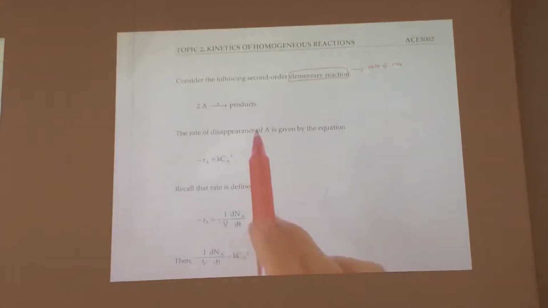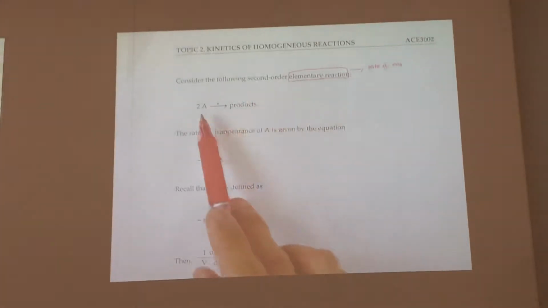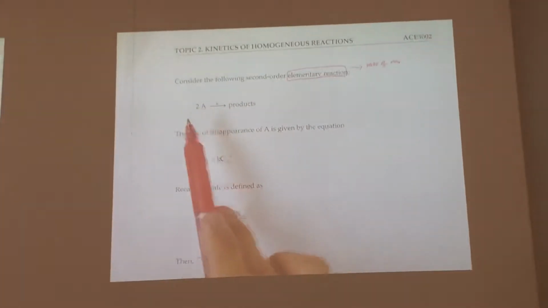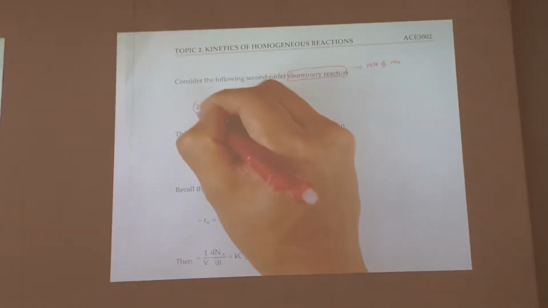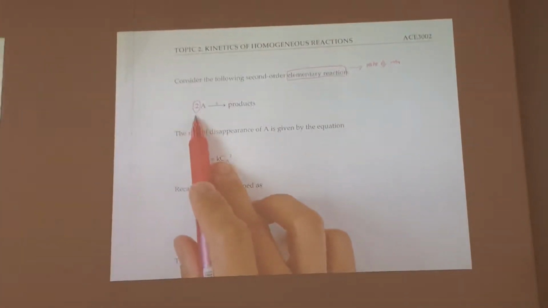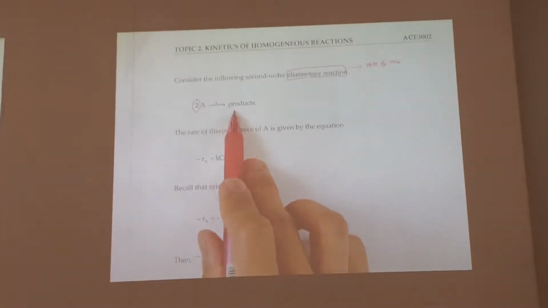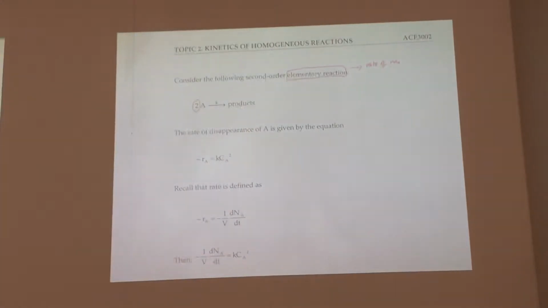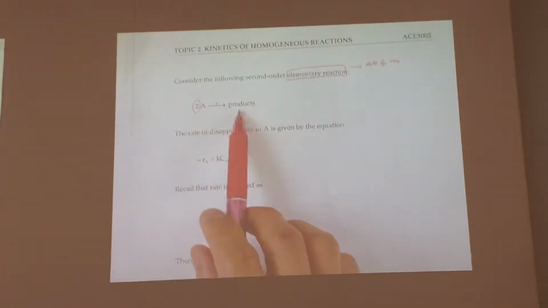For example, this is considered a second order elementary reaction. Why do we say this is second order? Because of the stoichiometry in front of this A, 2A reacted together to give you your product. For now, we only focus on the starting material first, not the product.